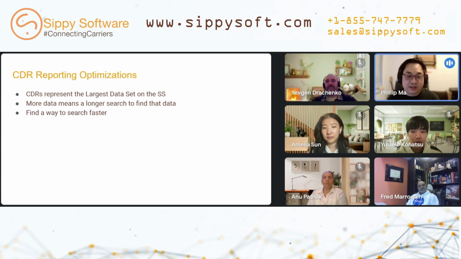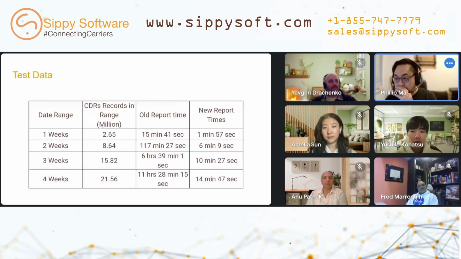when you're trying to generate a report that might have certain criteria that you're looking for. So it's pretty analogous to finding that needle in your pile of hay. The bigger the pile of hay that you have, the harder it is for you to find that needle. So we made some changes in how procedurally we search through that pile of hay.